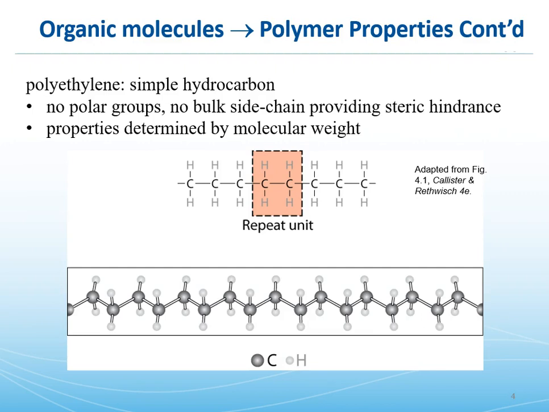So it wouldn't attract water, and it has almost no chance of dipole-dipole secondary bonds between chains. It doesn't have any bulky side groups, like a big styrene group or a benzene ring or a short side branch that would make it difficult for chains to lie close to one another.